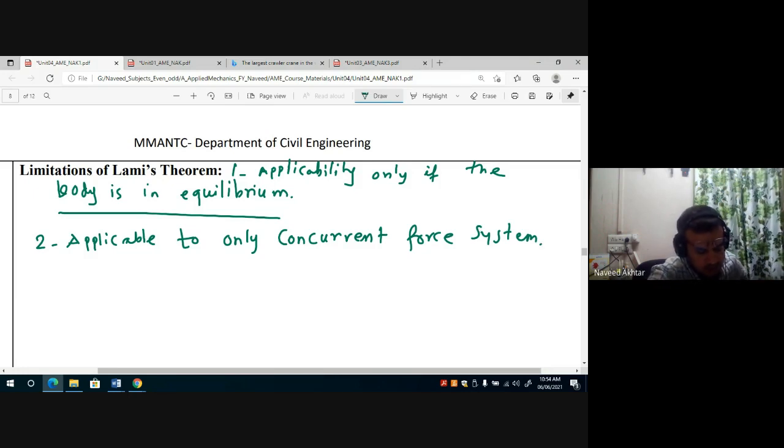Then the theorem is not applicable for more than three forces.